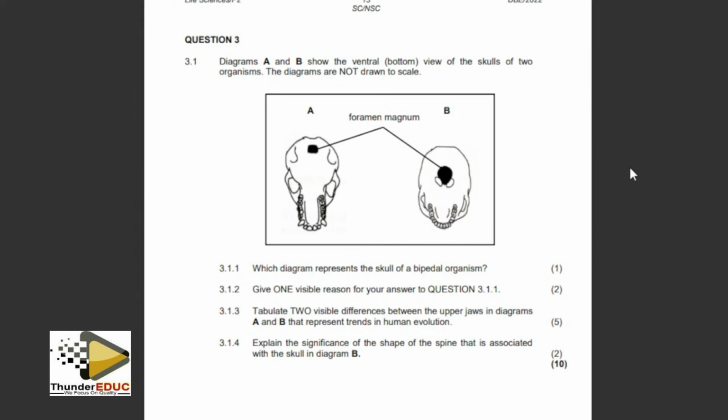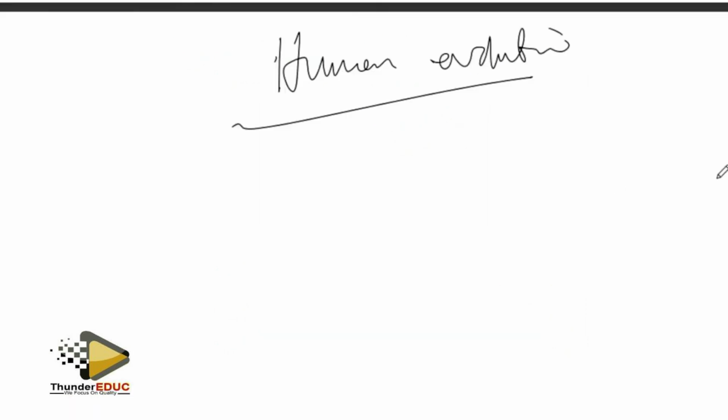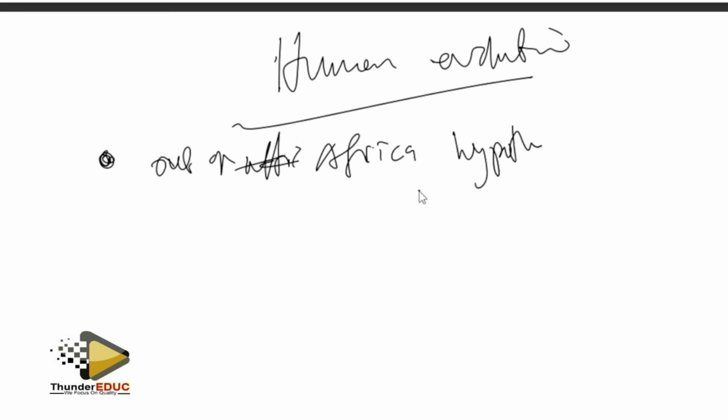Let me tell you what the short questions are, guys, in human evolution. The short questions which you're going to find, and then you have to give the answers. 6 marks. Number 1, it is the out of Africa hypothesis.